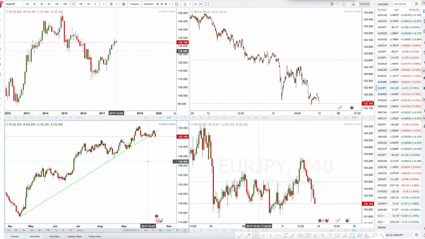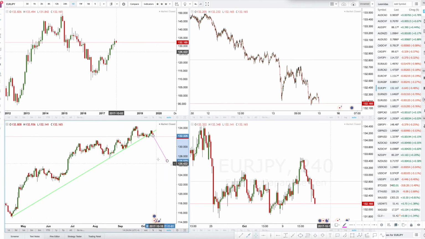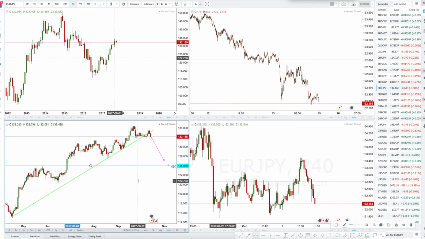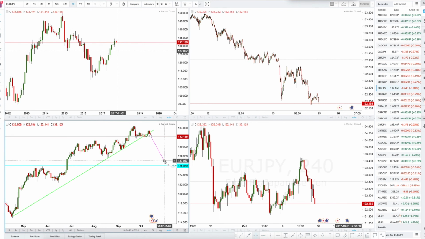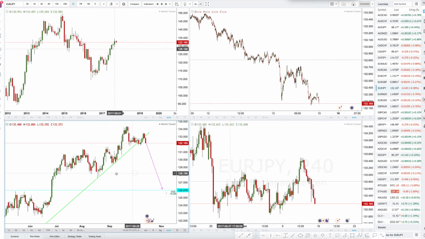So the bias from the indexes is down, EJ down. So I will be looking at something like this. Let's throw in SRS in there. All right, so that's 600 pips right there.